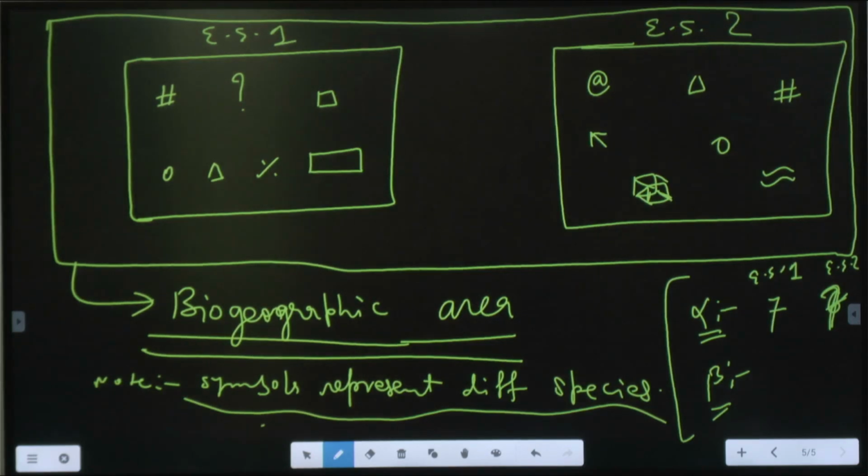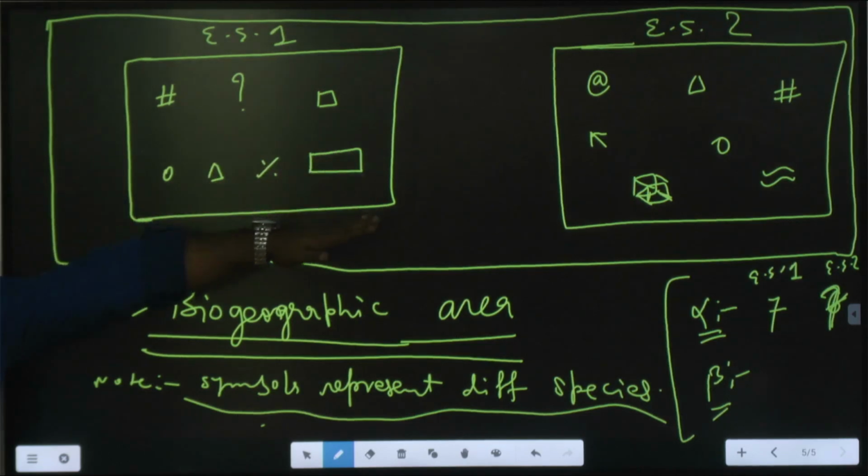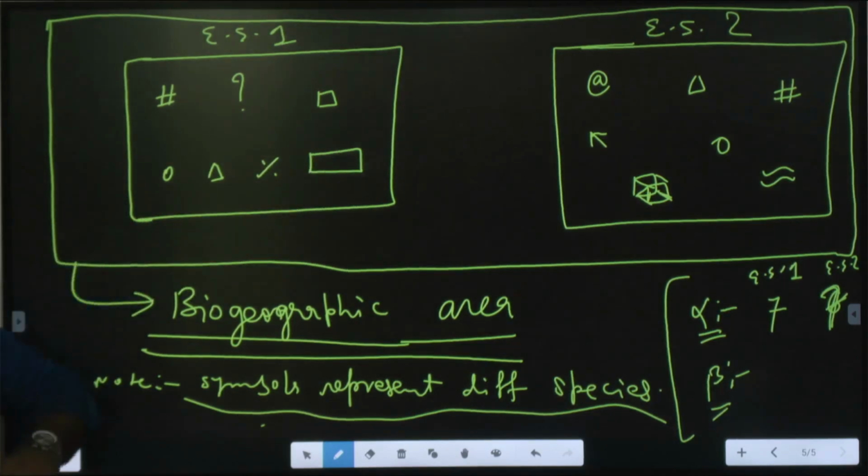We try to analyze the change in species structure between two different ecosystems. Change in species structure का मतलब ये हुआ कि we will count how many species are uniquely present in ecosystem 1 and how many species are uniquely present in ecosystem 2, right?